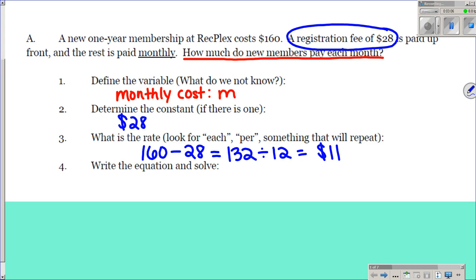The amount you pay per month is your rate of change. That's going to be the slope in the equation. The amount you pay one time is your starting amount. This is going to be your b value. So as a linear equation, we would write this as y equals $11 per month plus the $28 registration fee.